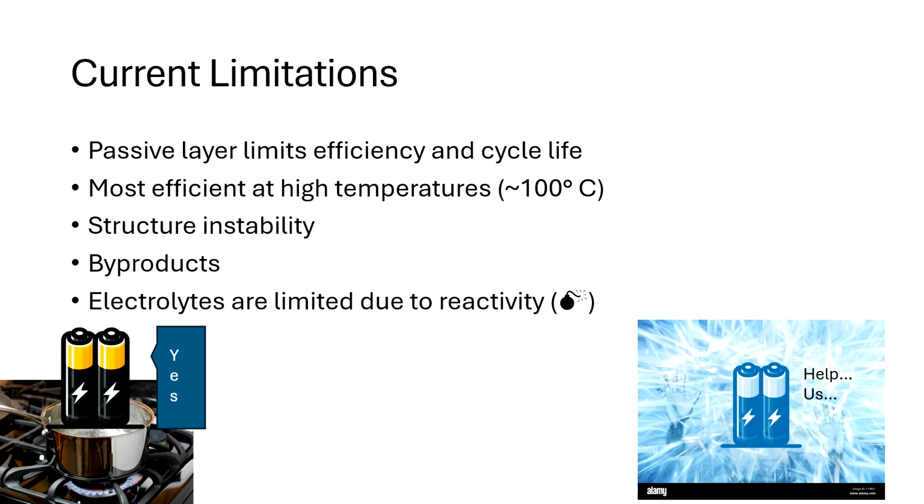Calcium ion batteries also suffer from structure instability. So what this means is that the cathode has to be designed very specifically in order to make sure that the passive layer does not build up too quickly, nor that other byproducts will be formed from the electrochemical reaction, right?